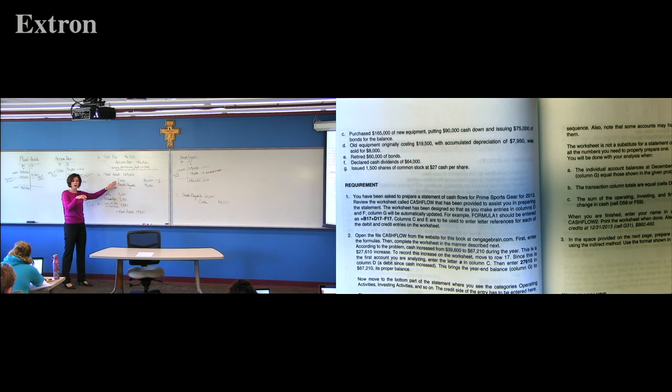That would be like a debit to car, a credit to cash, a credit to notes payable. It's a very similar transaction, only instead of borrowing money from the bank, you borrowed money from your investors. So we call that a bond issuance. So you got a plant asset, you made a down payment of $90,000 cash, but you borrowed money from your investors to cover the rest of that plant asset. Does that make sense?